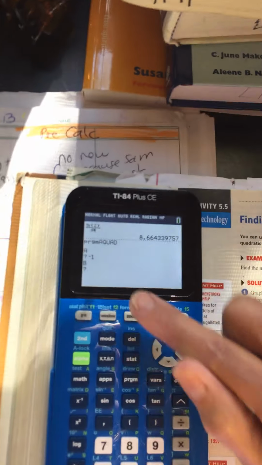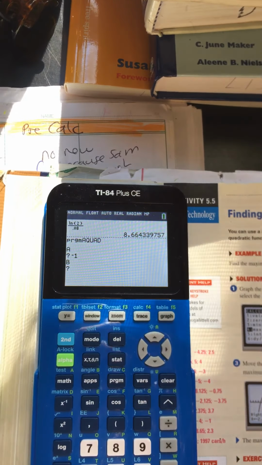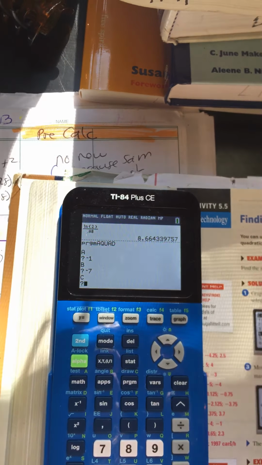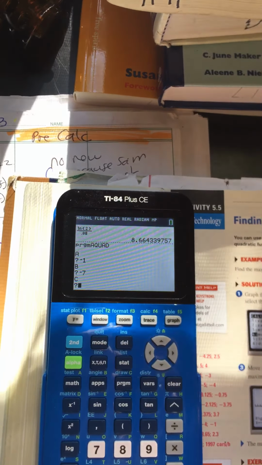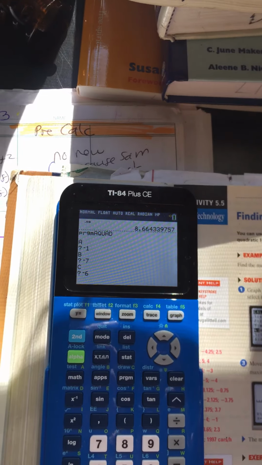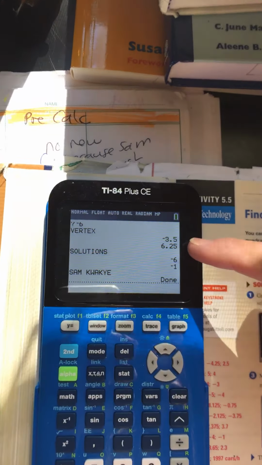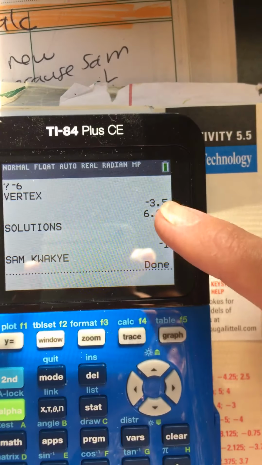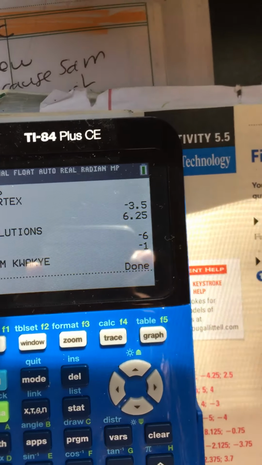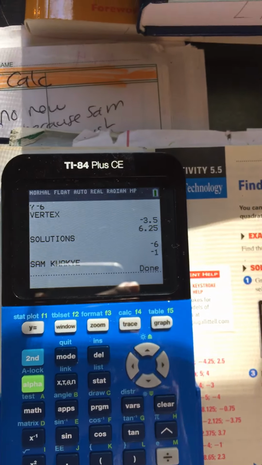So I hit enter, and now the B term is negative 7. And here you do use negatives, not minus. And the C term is negative 6. And it tells me that the vertex, which is the same thing as the maximum, is negative 3.5, 6.25.